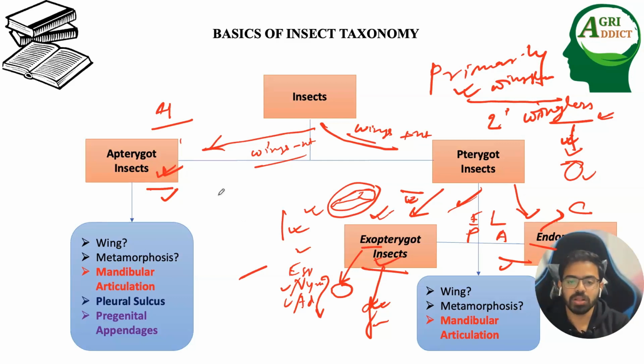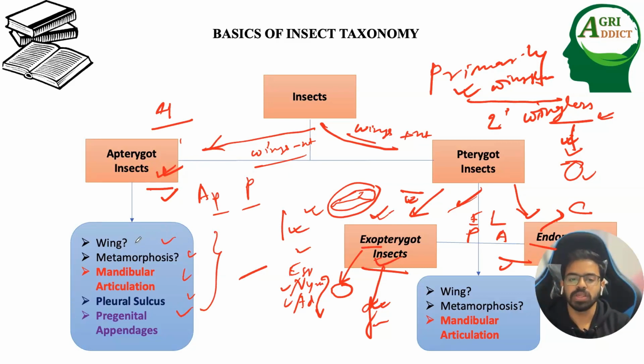Okay. So, what are the differences between apterygote and pterygote? I have mentioned some points here. There are some meanings of these points, because based on these particular points, the differences have been formulated. So first difference, what could be?